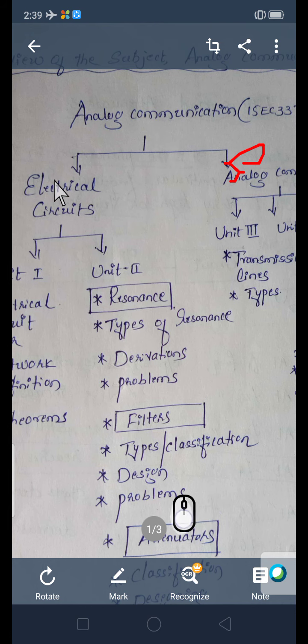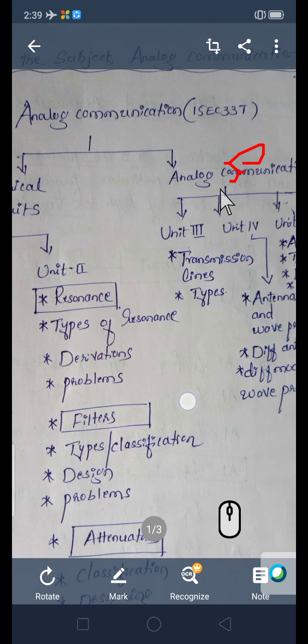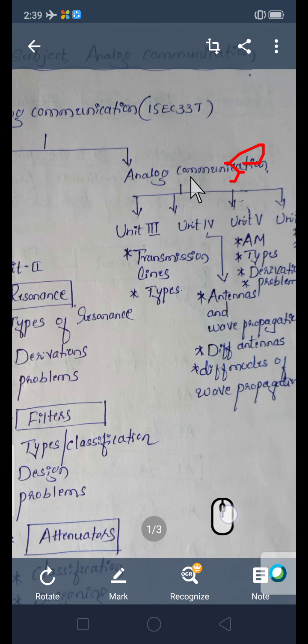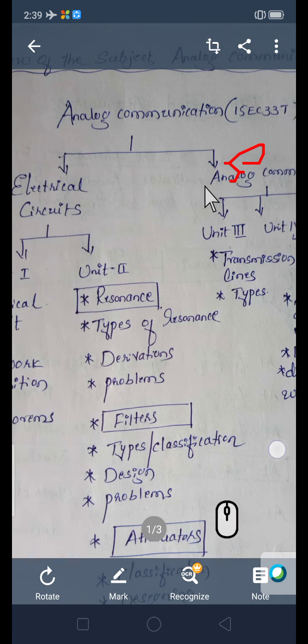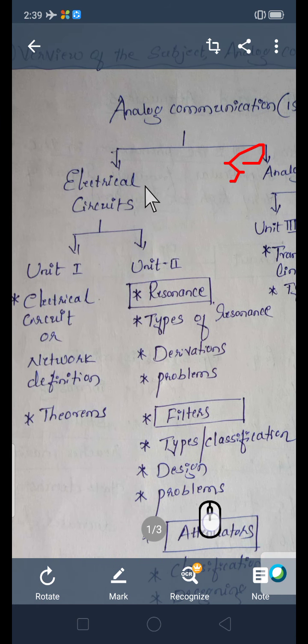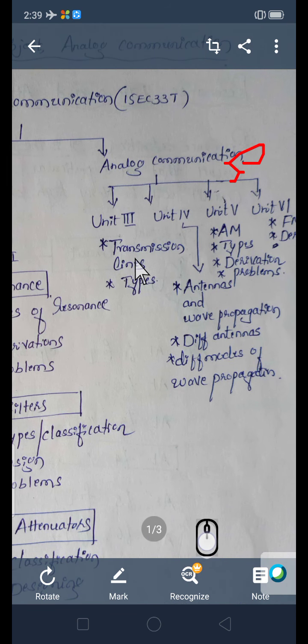You will learn about the behavior of the electrical circuits, then come to the study of analog communication. These electrical circuits are under unit 1 and unit 2. Unit 1 and unit 2 teach you about the electrical circuits, whereas units 3, 4, 5 and 6 are completely based on the analog communication part.